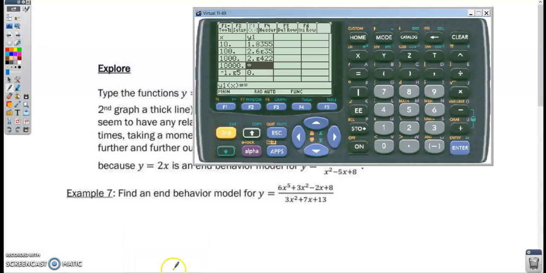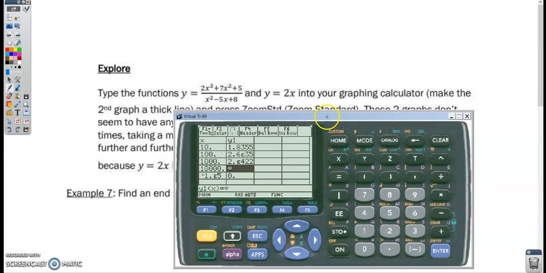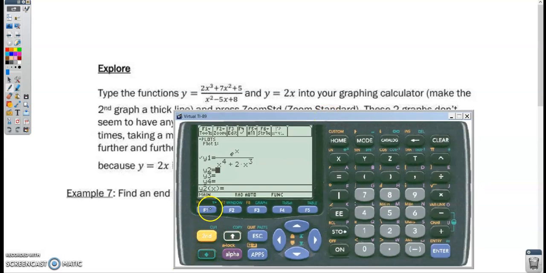So we're going to explore this. We're going to go ahead and type two functions into our calculator. We're going to type the function y equals quantity 2x cubed plus 7x squared plus 5 over x squared minus 5x plus 8.